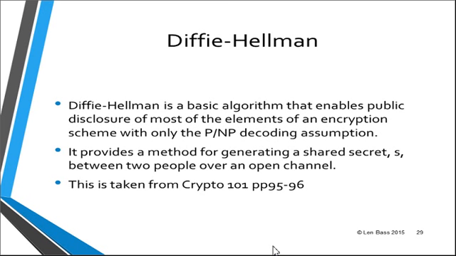The Diffie-Hellman algorithm provides a method for generating a shared secret between two people over an open channel. So you have eavesdroppers, and you want to avoid them from knowing the secret, even though you're talking about and creating the shared secret over this open channel. And there's a book on the net, Crypto 101, that talks about some of these crypto algorithms.